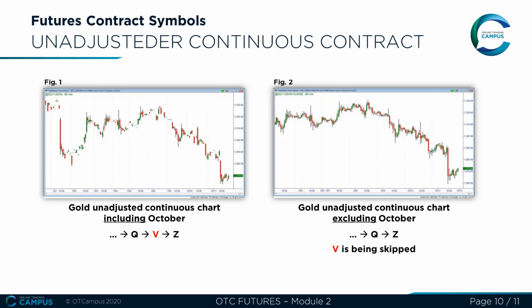This tells TradeStation that when August gold nears expiration, then skip the October gold contract month and go directly to the December gold contract. Figure 2 to the right shows a chart of gold during the same time period as Figure 1, but notice the difference in the quality of the candles and lack of gaps.